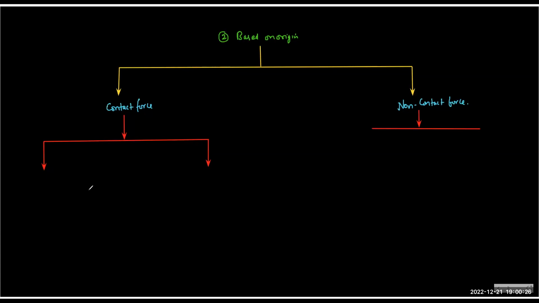For example, if you are standing on the earth, on the floor, what kind of contact do you make? You cover a certain area while you stand, yes or no? Yes, sir.